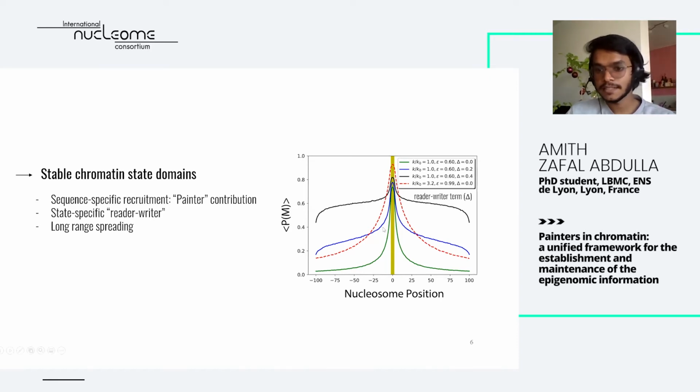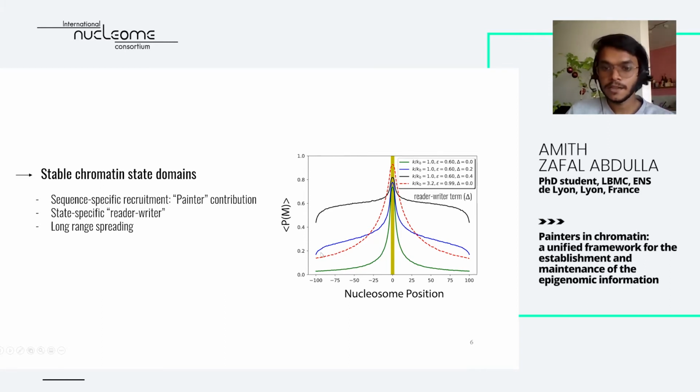I switch on delta, and what we see is some characteristic heavy tails. If I increase delta further, we see heavy tails. This means that the blue state or the modifications are much more spread out and not just localized around the painter region. The shape of the profile is characteristically different when we incorporate different mechanisms.